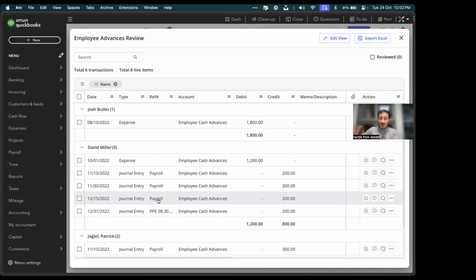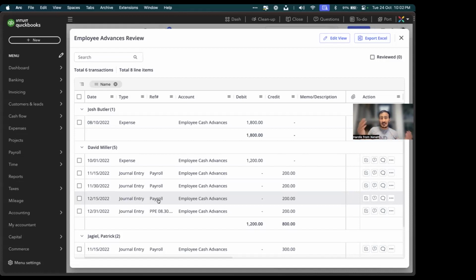Which can still be fine, but then it's very difficult to find out which transactions belong to which employee, right? When you are looking at the employee advance account, you are probably looking at 30-40 transactions, and you have no clue as to which employee owes what, right? Because you just dump all the transactions like that.